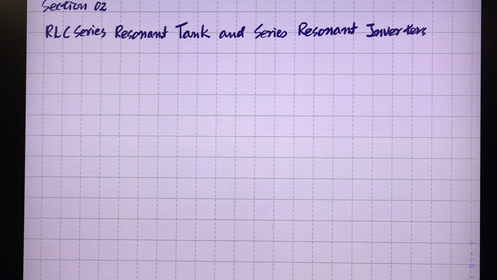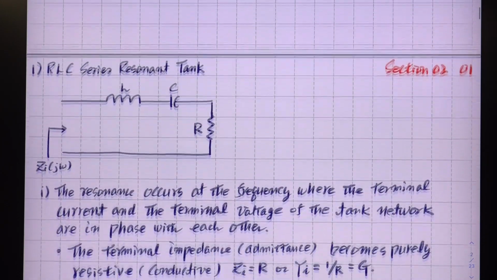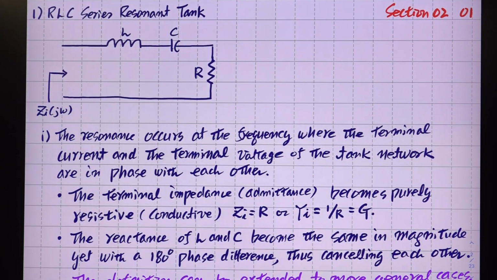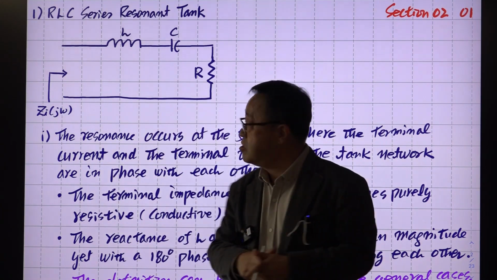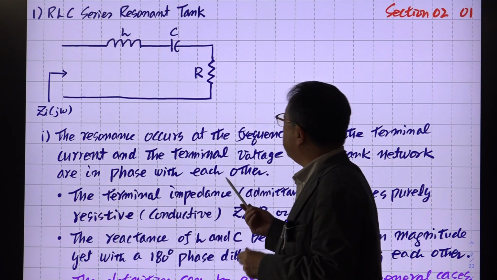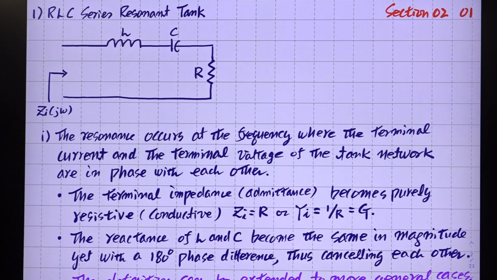First, we need to review the resonant tank, resonant circuit, resonant frequency, characteristic impedance, quality factor, and so on. Let me introduce this circuit. This is called the RLC series resonant tank. A resonant circuit has at least one inductor and one capacitor.